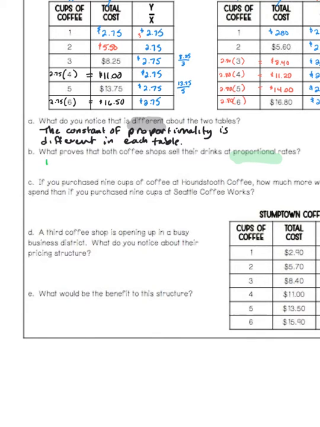So in other words, the ratio in each table of y divided by x is constant.